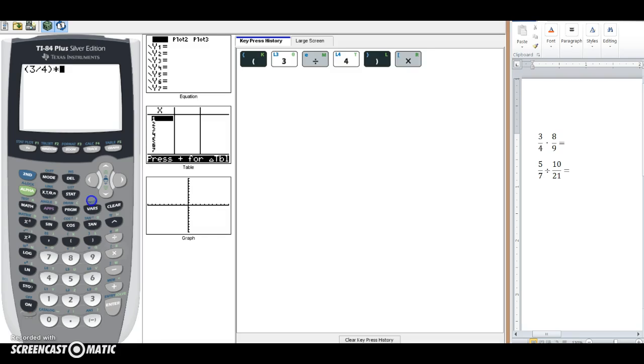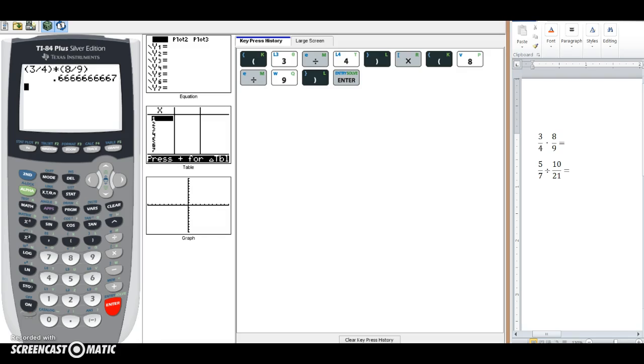I'm going to multiply that by the second fraction, so left parenthesis, 8, divide that by 9, and close that. So 3/4 multiplied by 8/9, and to get your answer you press enter, and you get the decimal answer.